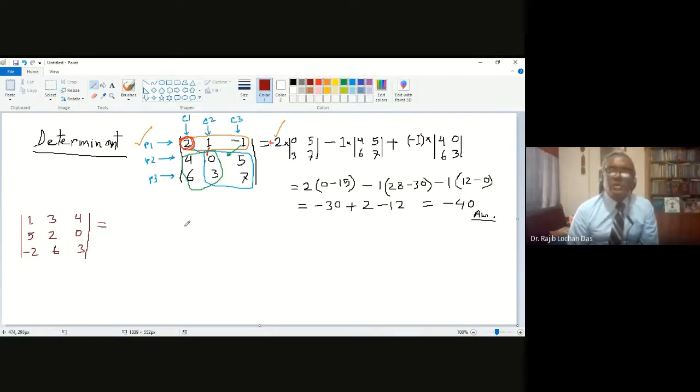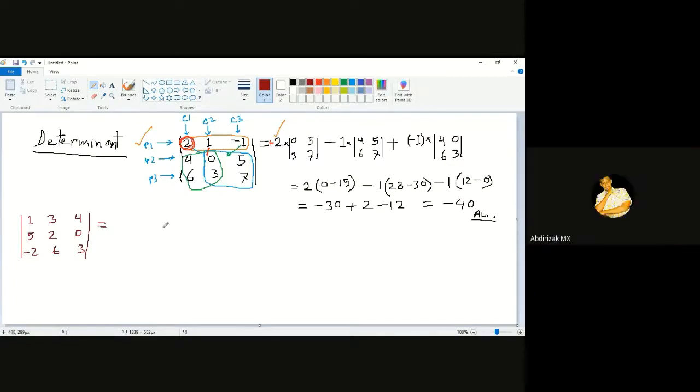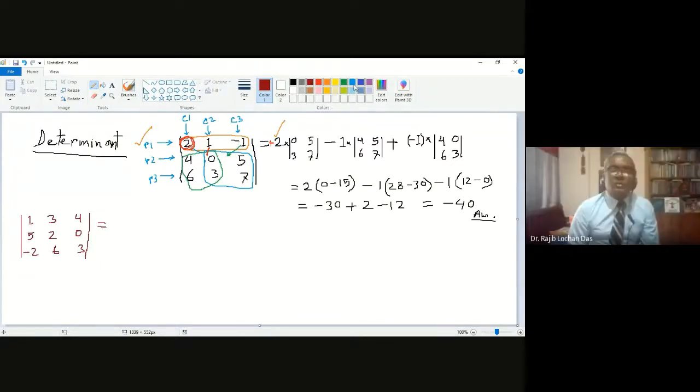Who can tell me? 1, 3, 4. Okay, so you want to choose the first row again. Okay, no problem. So let us do it again. You write 1 and then 3 and then 4.